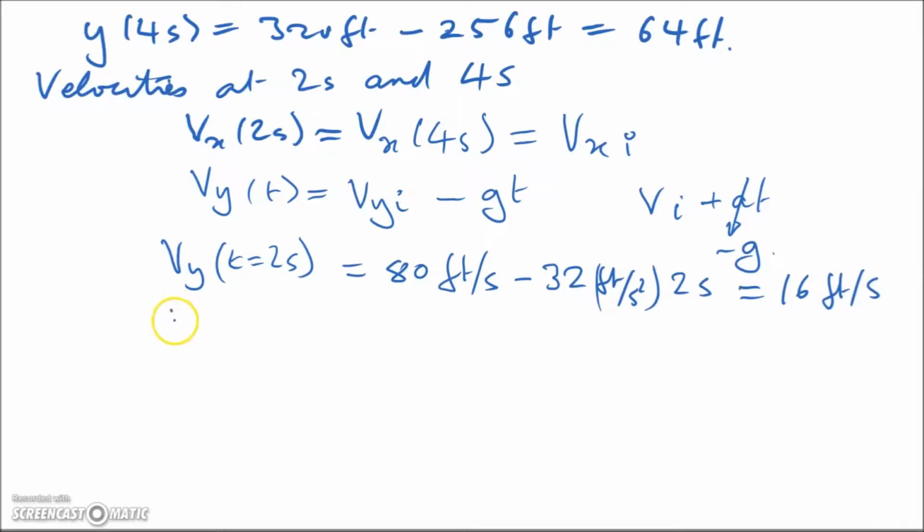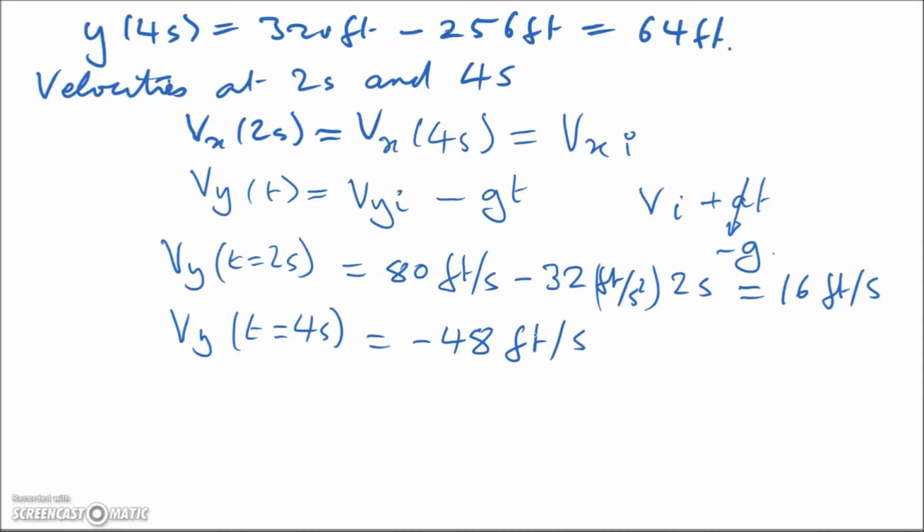And similarly, we can calculate the velocity in the y direction at 4 seconds, being equal to minus 48 feet per second. So the important point to note here is that at t equals 2 seconds, the velocity is upwards. After 4 seconds, the y component of the velocity is downwards.